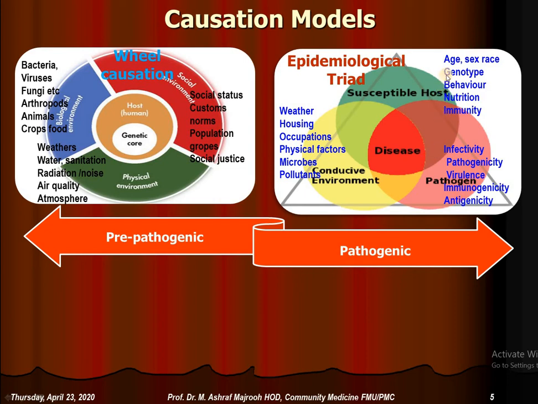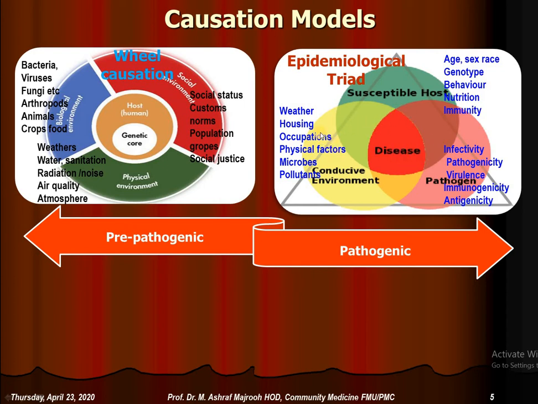The host factors which determine disease causation are the age, sex, race, genotype, behavior, nutrition, and immunity of the person. On the agent side, from the pathogens, the infectivity, pathogenicity, virulence, immunogenicity, and antigenicity are the factors which determine disease causation.